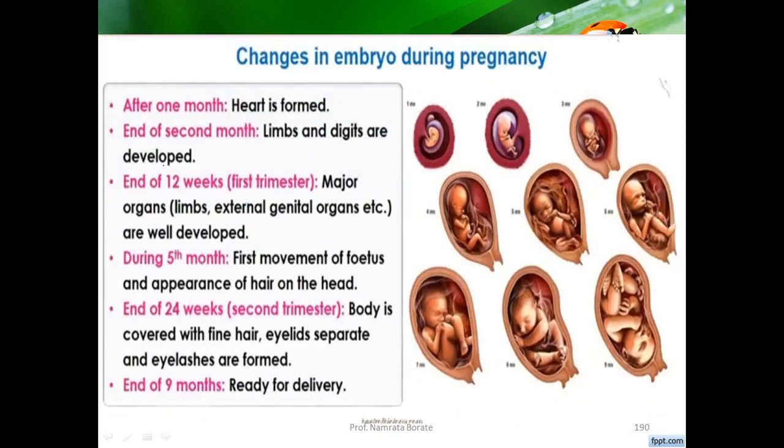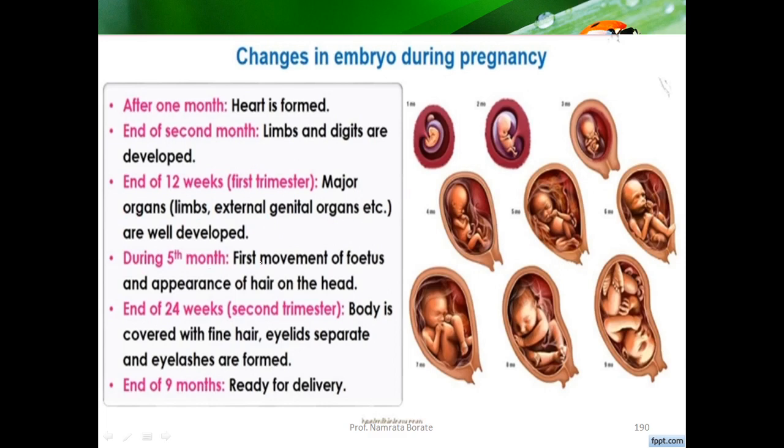So you can see here the changes that occur in the embryo during pregnancy. After 1 month, the heart is formed. At the end of the second month, the limbs and digits are developed. At the end of 12 weeks, the first trimester is complete. The major organs, limbs and external genital organs are well developed.